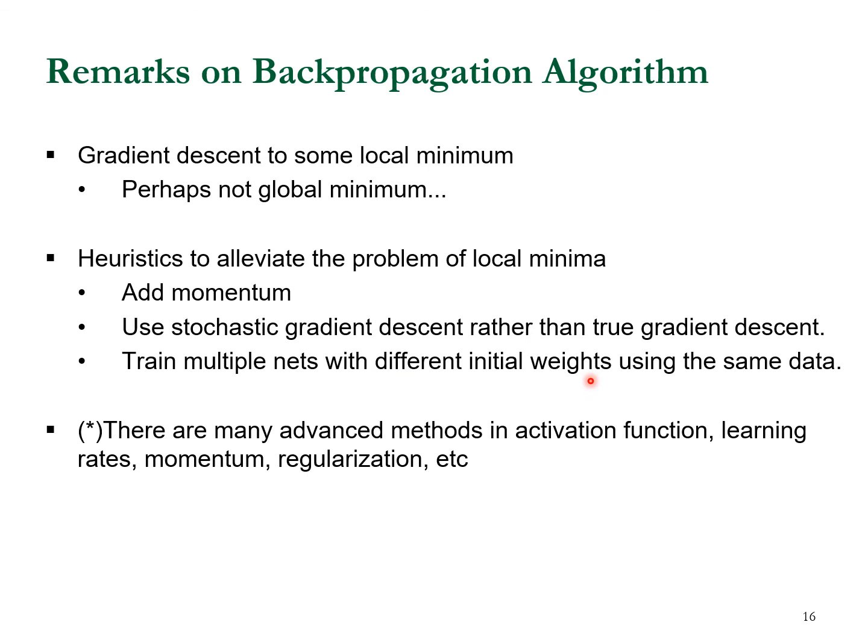That's another approach to avoid the local minimum problem. Because gradient descent is so popular, there are many advanced variations, including activation function, learning rate, momentum, regularization, etc. Many people are working on this, and I'm going to talk about this in a different chapter.